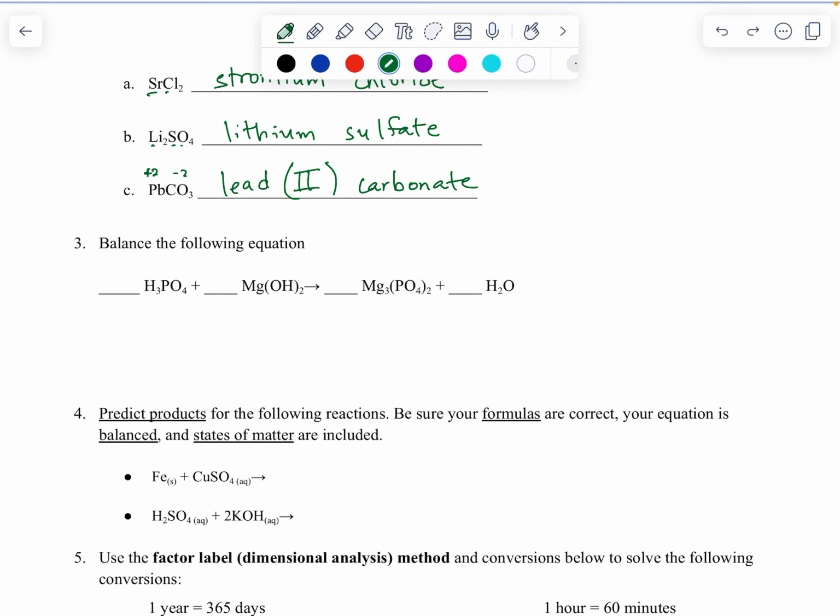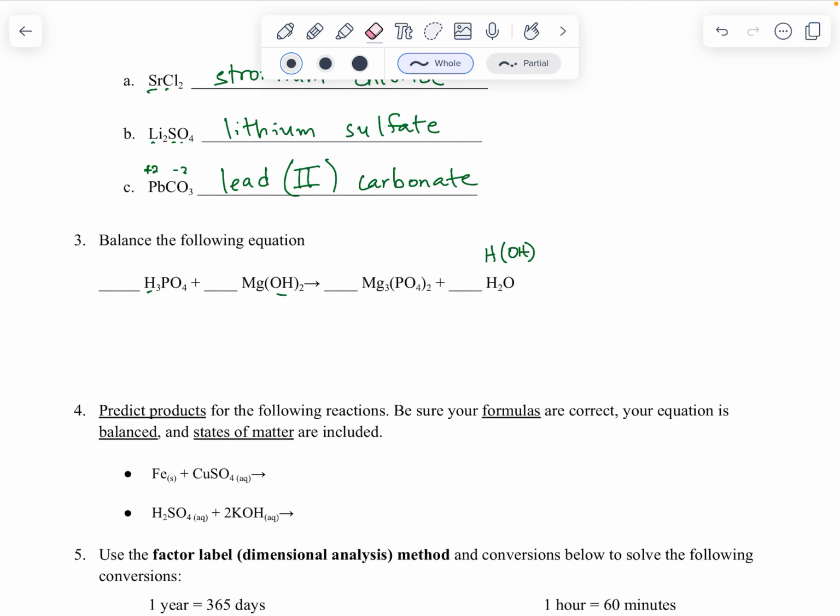Balance the following equation. This happens to be an acid and a base, and that's kind of fresh in our minds right now. But whenever you have an acid and a base, you see that hydrogen and hydroxide are separate because that's what makes the acid the acid and the base the base, which means that I'm going to take water, and I'm actually just going to rewrite it as HOH.